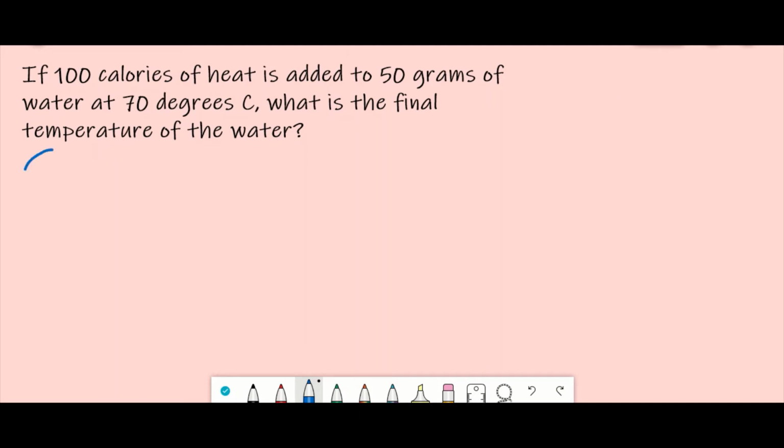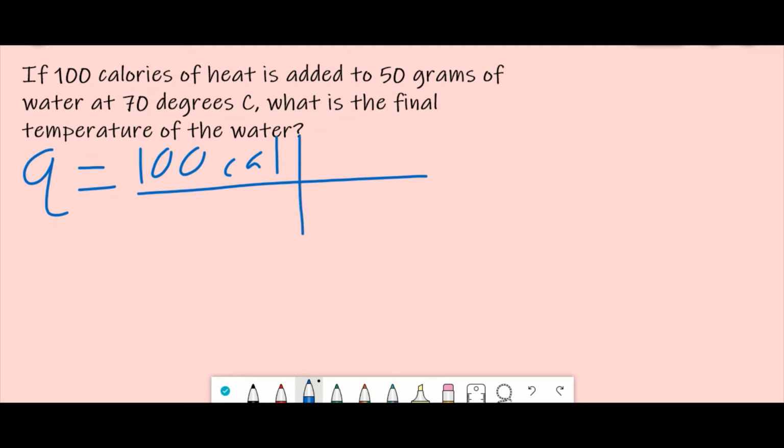So we have Q, our heat energy. It's 100 calories, but we don't want to use calories right now because joules is the standard unit. So we can convert that into joules. Remember, 1 calorie is 4.184 joules, so you're going to do 100 calories times 4.184 joules over 1 calorie.